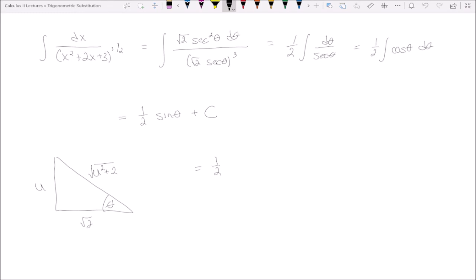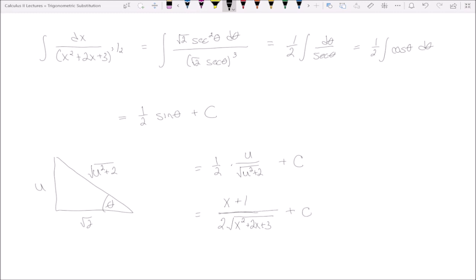So sine of theta would be u over the square root of u squared plus 2. Now replace u, which was x plus 1. Right, so we get x plus 1 over 2 times the square root of x squared plus 2x plus 3 plus a constant.